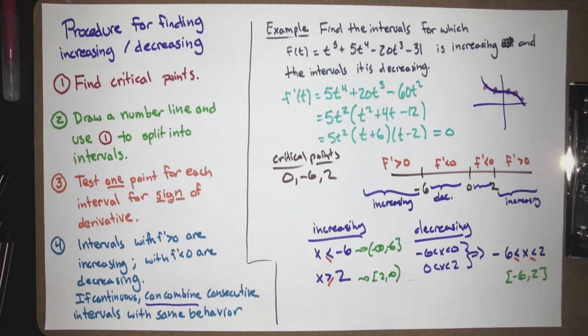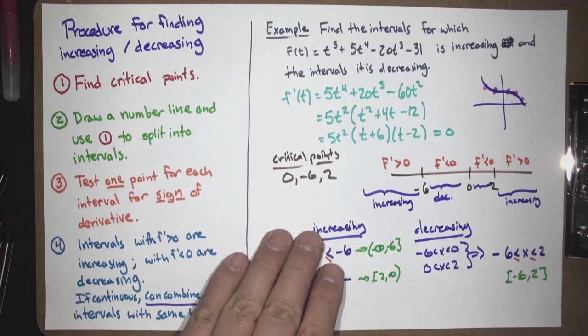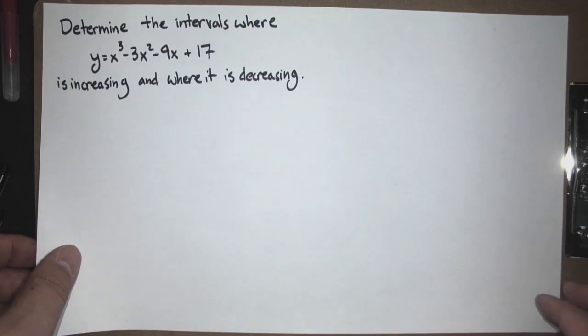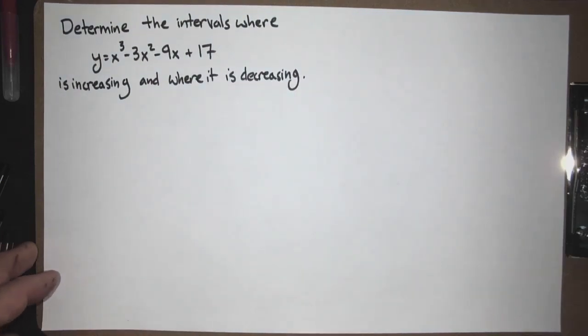All right, any questions on finding intervals where things are increasing or decreasing? Okay. Well, in that case, let's look at this problem where it says determine the intervals where y equals x cubed minus 3x squared minus 9x plus 17 is increasing, and where it is decreasing.